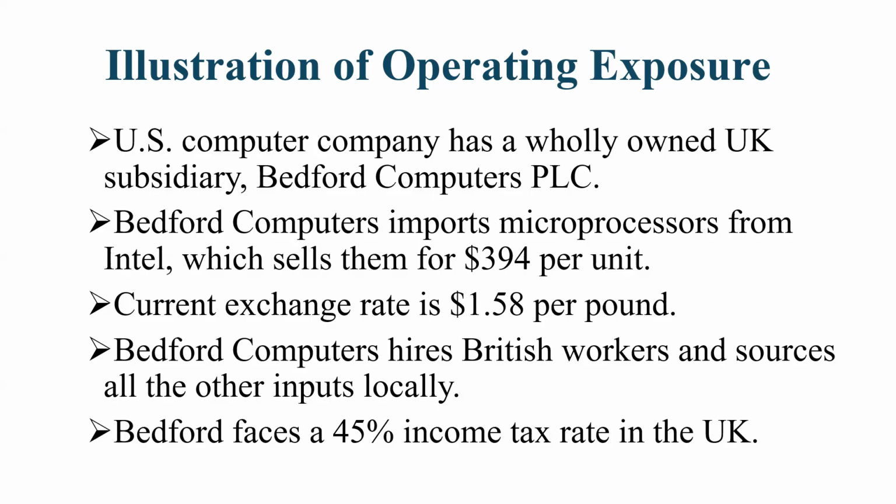The implication is that each Intel microprocessor would cost 249.38 pounds, and we'll get that by dividing $394 by the exchange rate, 1.58, and we'll get 249.38 pounds as the cost in pounds of one microprocessor. Now, the pound price of the imported input, which is the microprocessor, will change as the exchange rate changes, which in turn can affect the selling price in the UK.